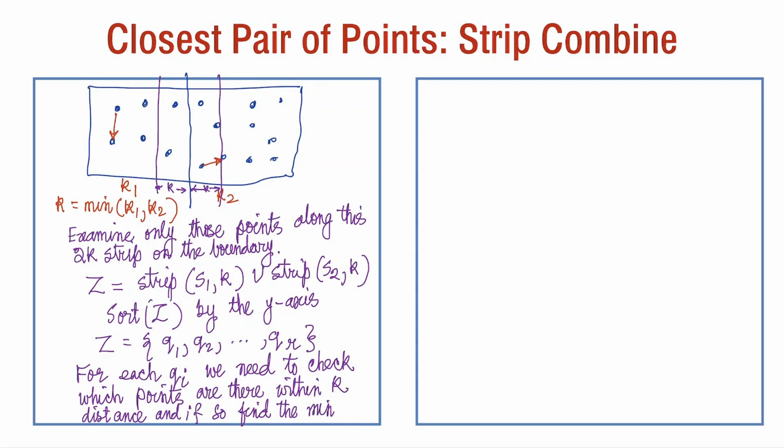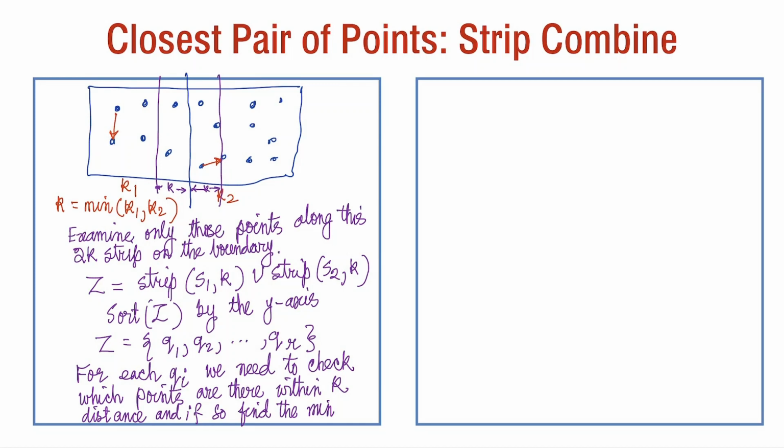And if there is such a pair of points, one on this side and one on that side, both the points cannot be on the same side, because from there already we have got K1 and K2. So since we have already got K1 and K2 from there, anything that has to be less has to be one from this side and one from the other side.